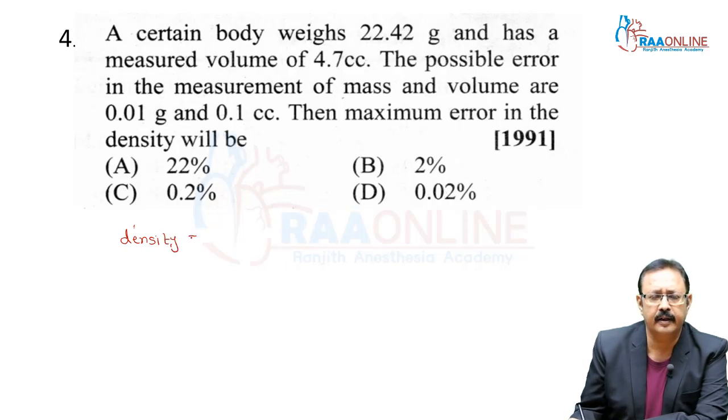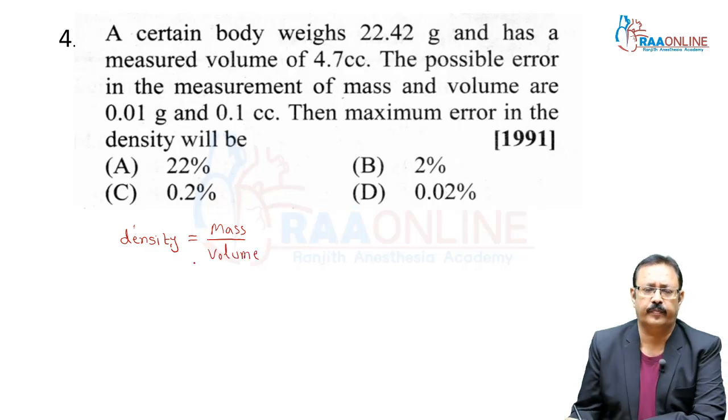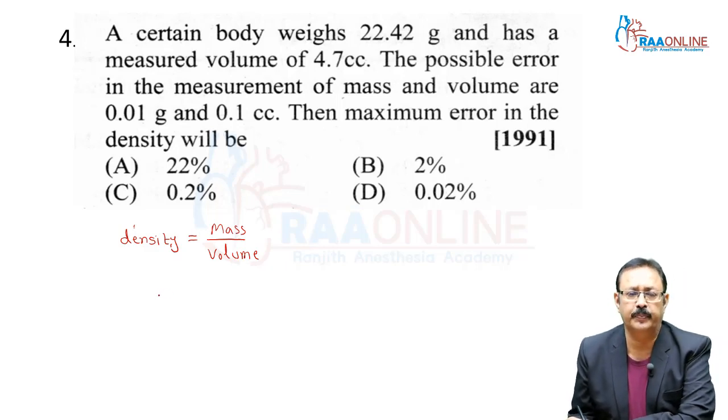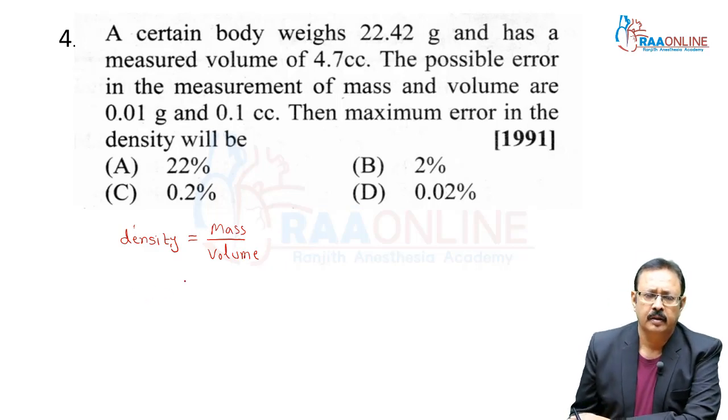Density is mass upon volume. If you know the error in mass, you know the error in volume, add these two, you will get error in density. So I have to calculate error in percentage.